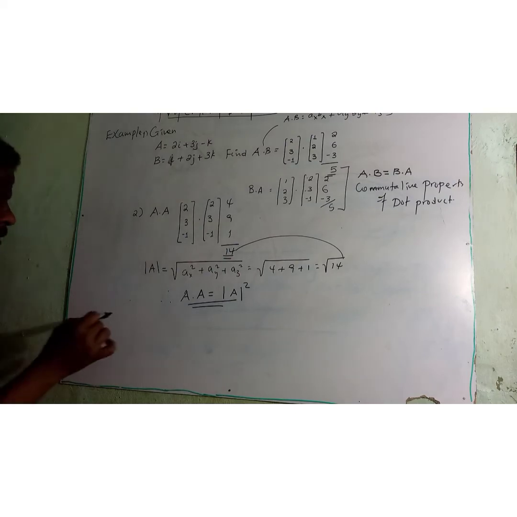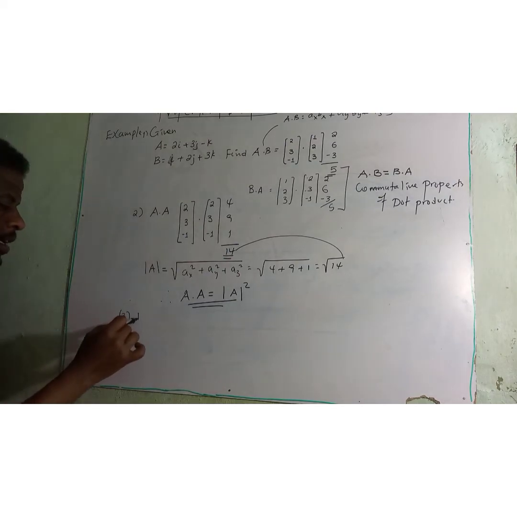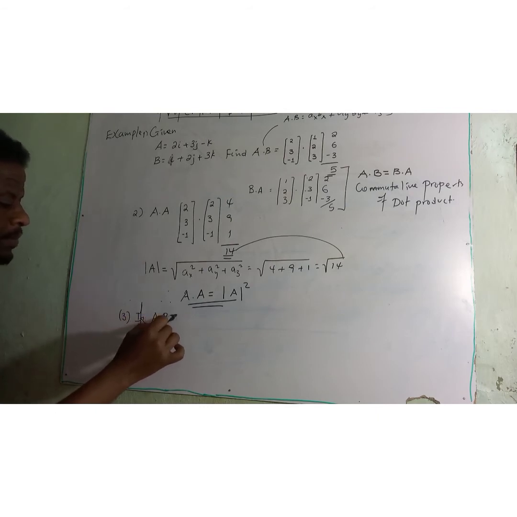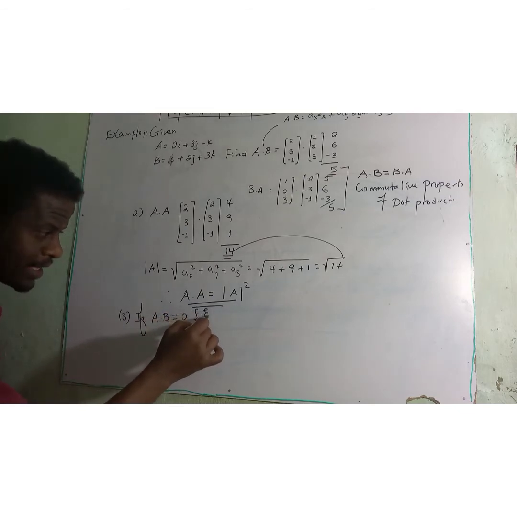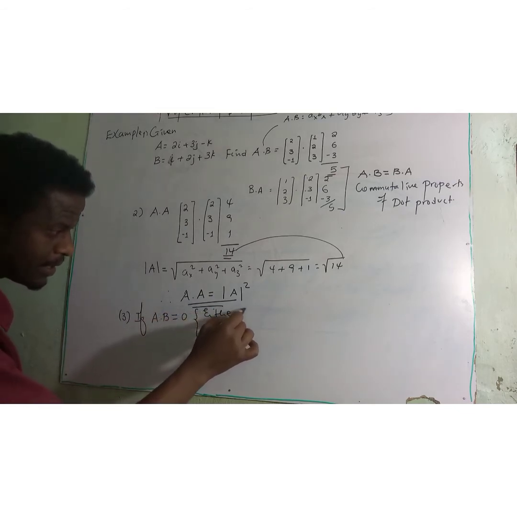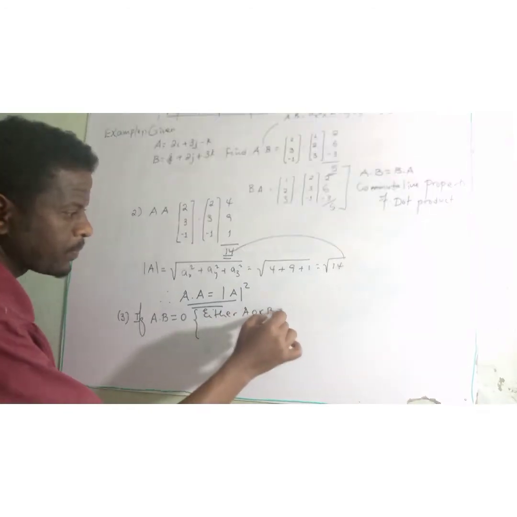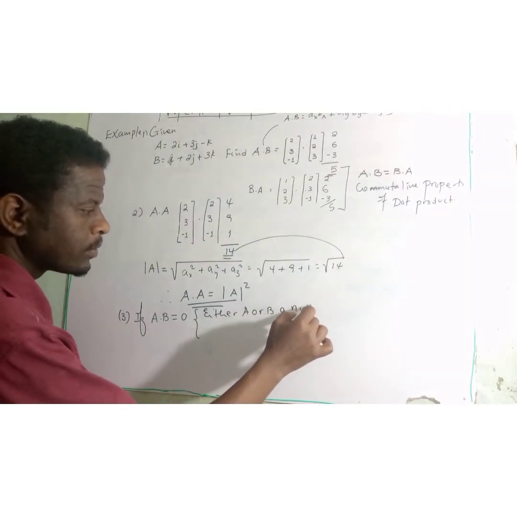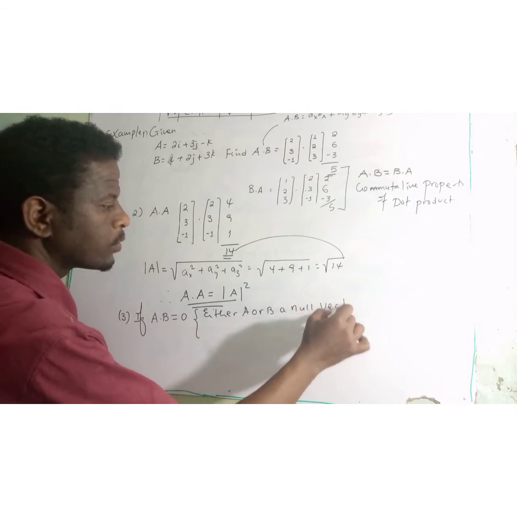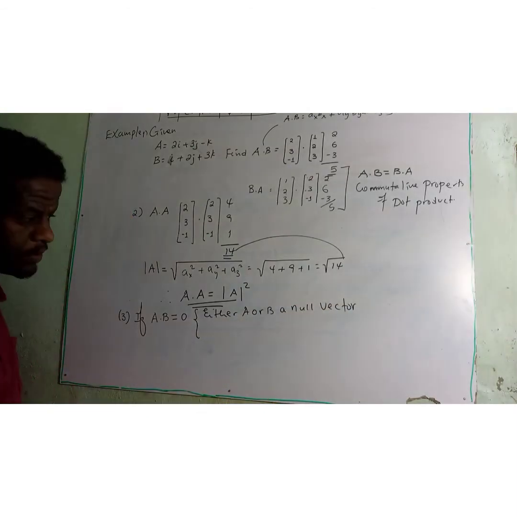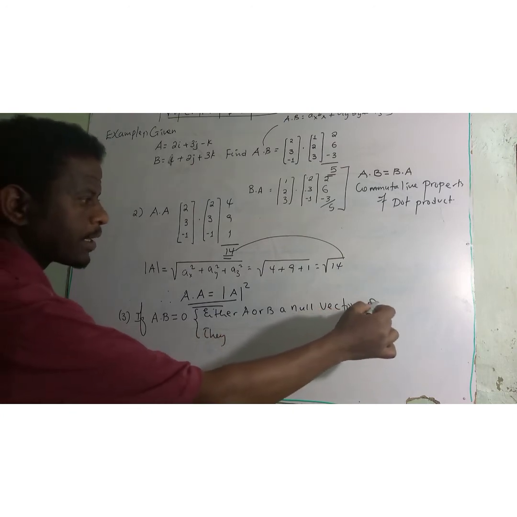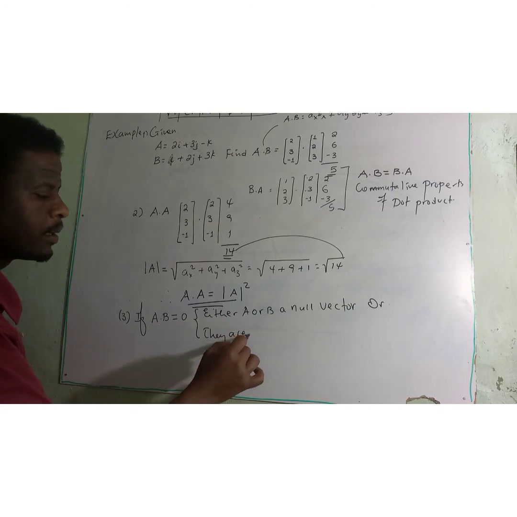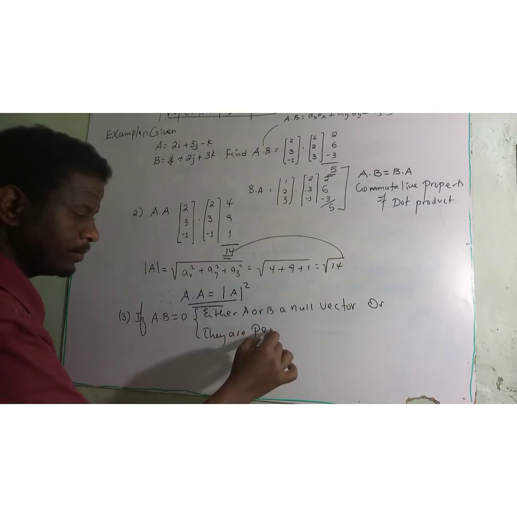The third property: if the dot product of two vectors, A dot B, equals 0, then either A or B is a null vector, or a zero vector, or they are perpendicular with each other.